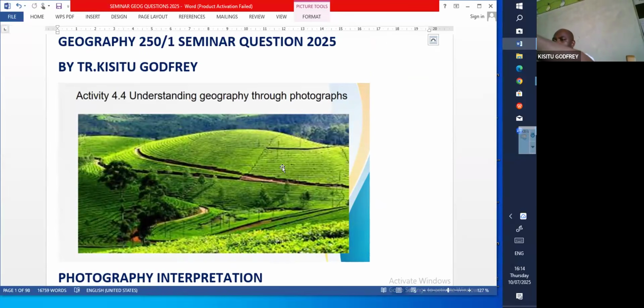Now, when you're told to draw a landscape sketch, for that particular one, it's a rectangle, so you draw a rectangle, but you use a ruler.